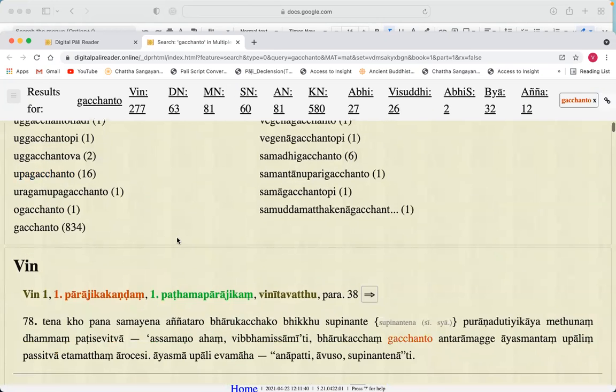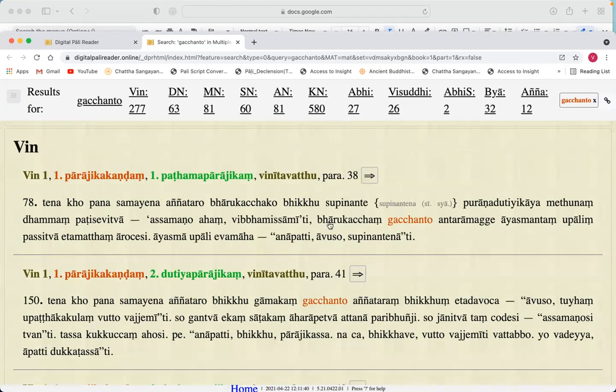So in the Vinaya: Parokichan, Gachando, Andrameki, Ayasamanda, Ubale, Basaidawa.